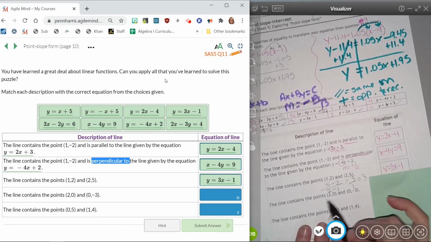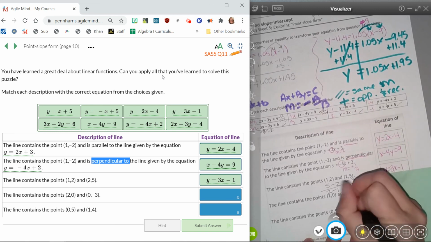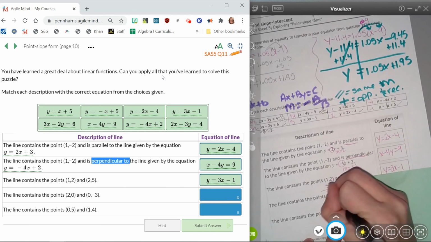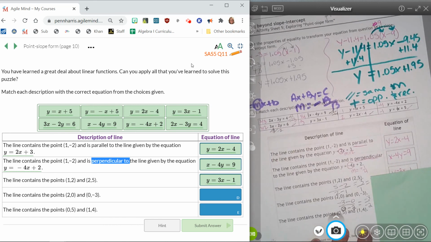Now we've got (2, 0) and (0, -3). So I'm going to say -3 minus 0 over 0 minus 2. And that equals -3 over -2, which is +3 over 2, which we said was 3x minus 2y.